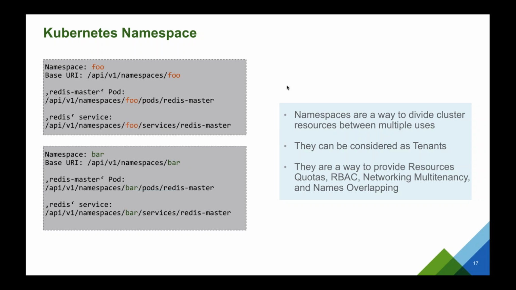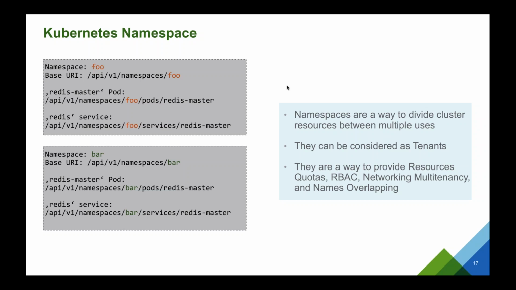If you have two Redis master pods in your system, then their names would collide. There is no such thing as UUIDs in Kubernetes, so again, the name would collide. So you put a different prefix in the path, and this is called namespaces.